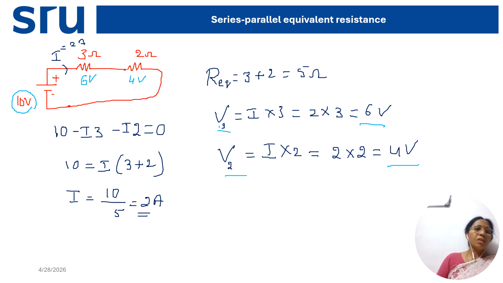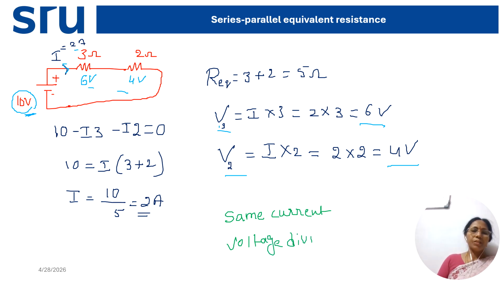Now look at this, the 10 volt is divided into 2 parts. Whatever current is flowing through the 3 ohm resistance, 2 ampere, the same current is flowing through the 2 ohm. So in a series circuit, when elements are connected in series, the property is same current but voltage division takes place.